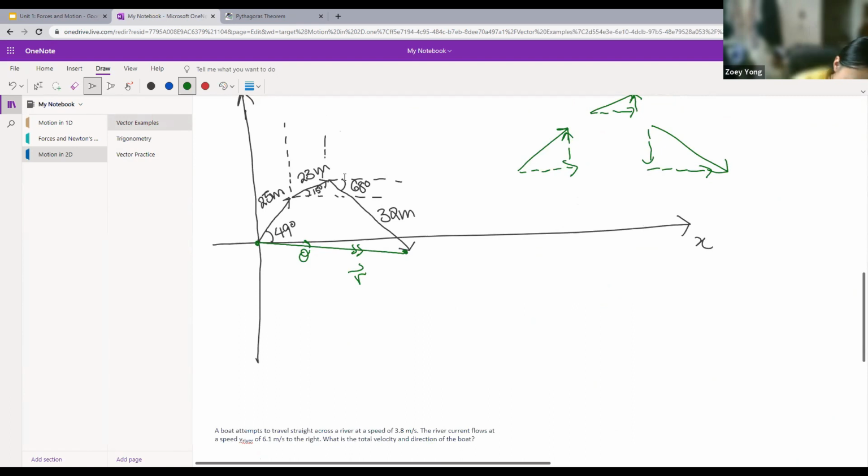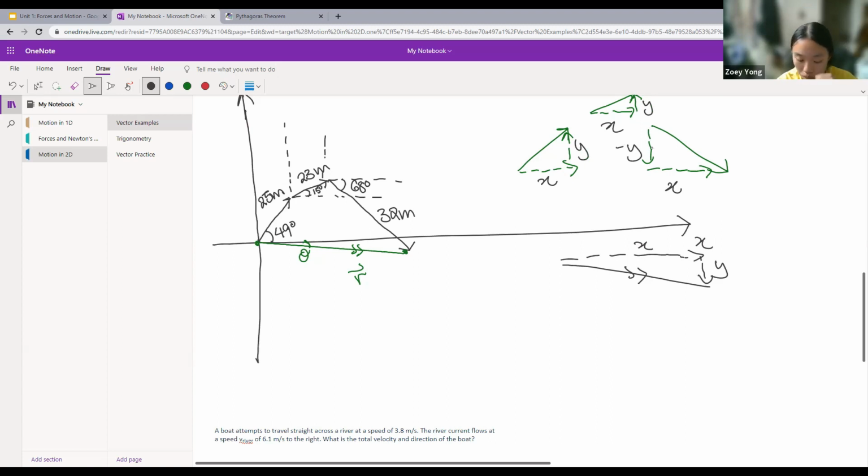So we're going to find x and y. How do we find x and y? We add all the x's over here. And then how do we find y? We add all the y's. But we're subtracting this y because this is going in the opposite direction. It's going down. So let's find all the x's first.